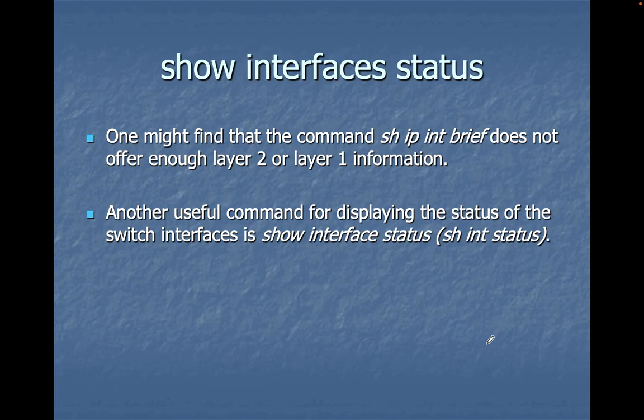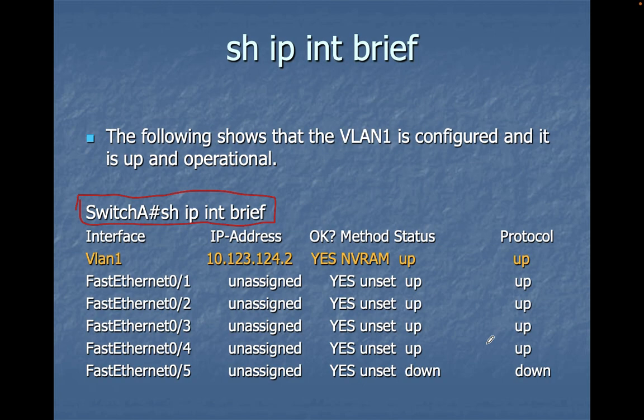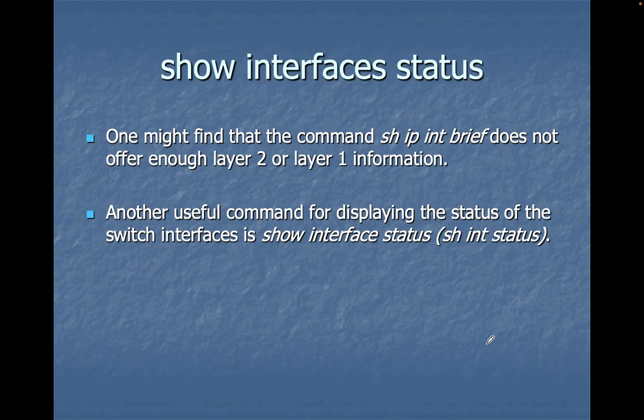Now, the next one is the show interface status. It's not only the show IP interface brief command that we use; we also have other commands that show the status of the interfaces. You might find that the command show IP interface brief does not offer enough layer 2 or layer 1 information.